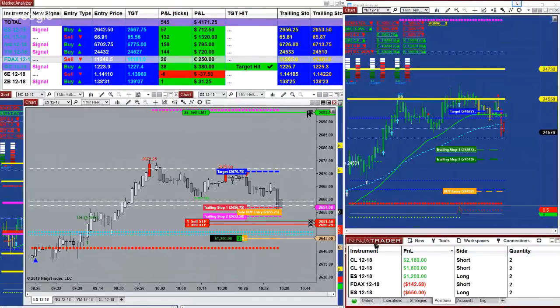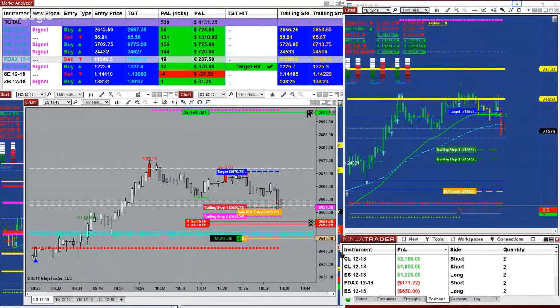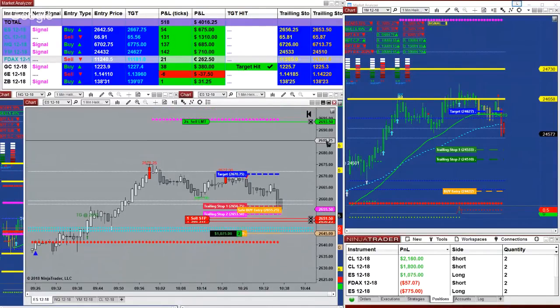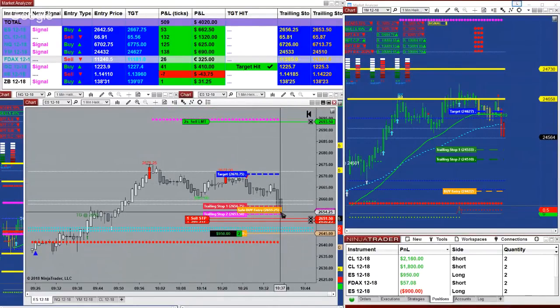Let's play this game. You're very welcome to follow that trade on a sim. And this is the final destination, 54.